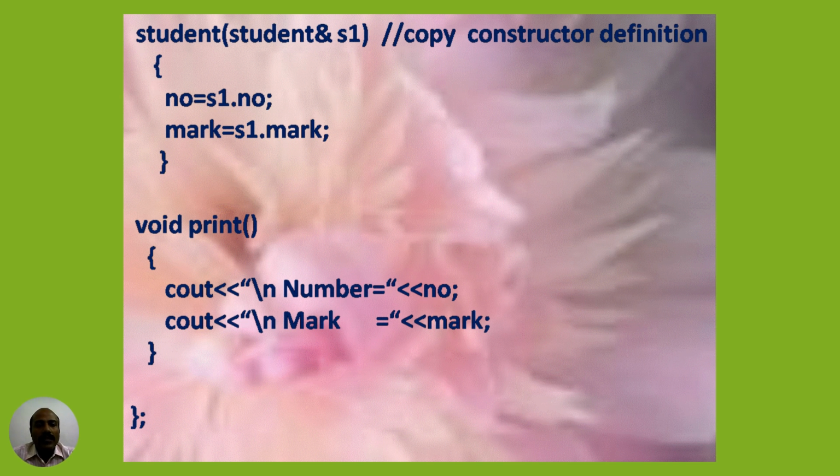Those values are assigned to number and mark. And we use a print function, that is void print, where cout is the output statement: cout number equal to number and cout mark equal to mark. So the class ends, and here we end with a semicolon.